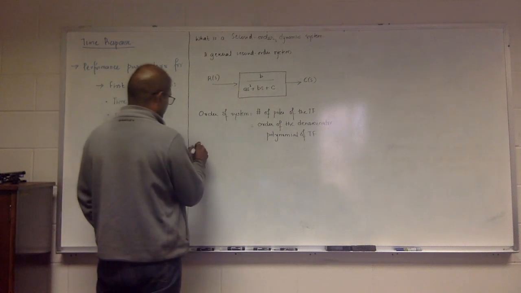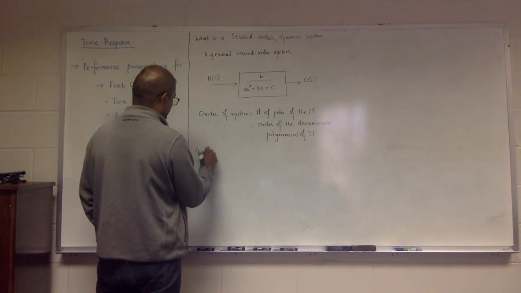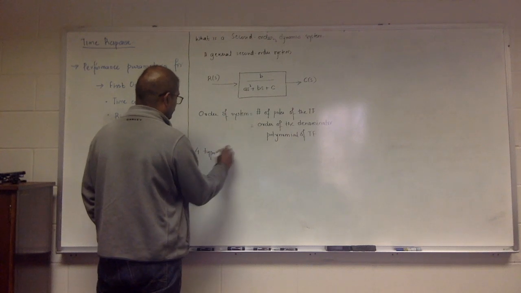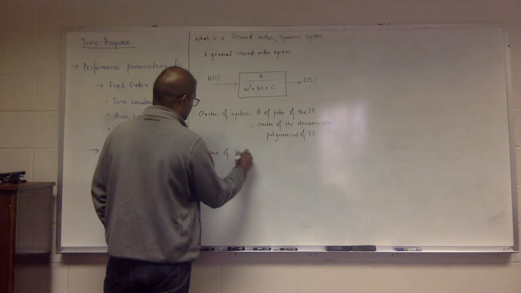There are 4 types of second order system.